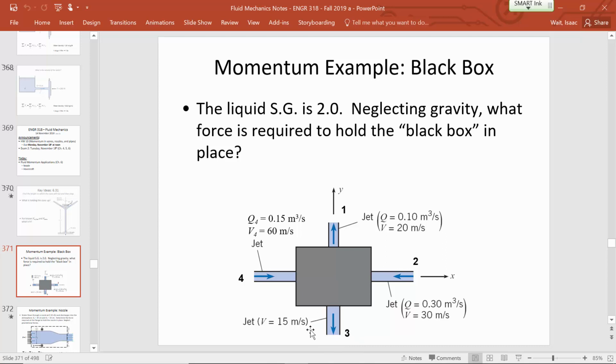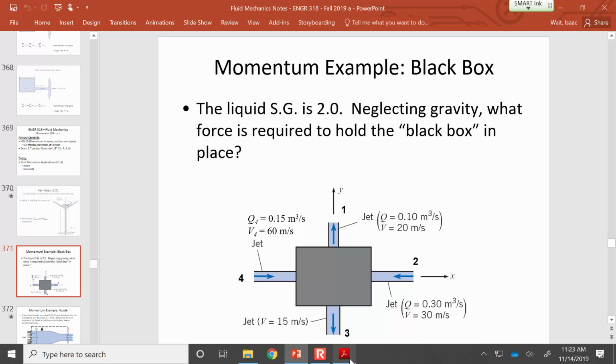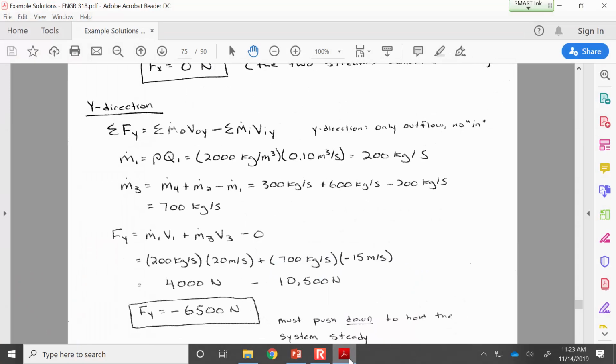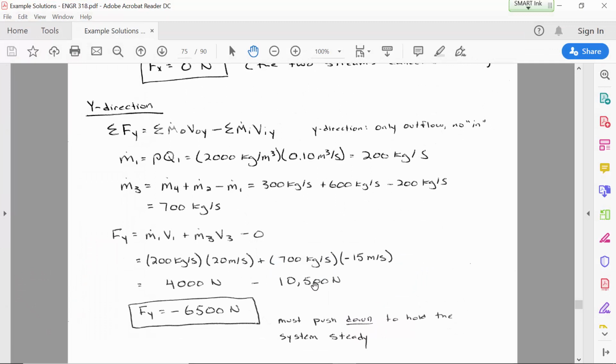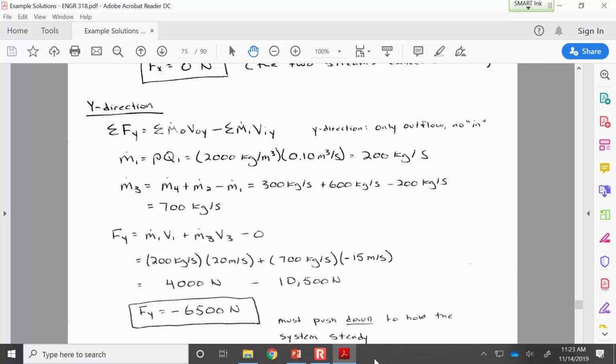So always ask yourself if the directions that you've calculated make sense. In this case, it does. And so always really clarify the direction intended by that negative sign. So I've given the negative sign, which implies I mean downward, but then I eliminate any possibility of doubt by saying you have to push down to hold the system steady. All right, any questions on this example with the black box?